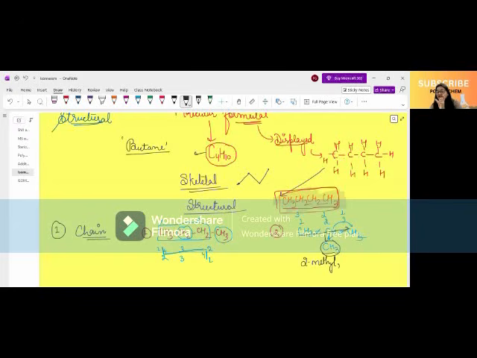Then 3 carbons in a chain: 3 is prop, all single bonds, ane. So 2-methylpropane and butane. These are my 2 possible chain isomers. Clear? Any questions?